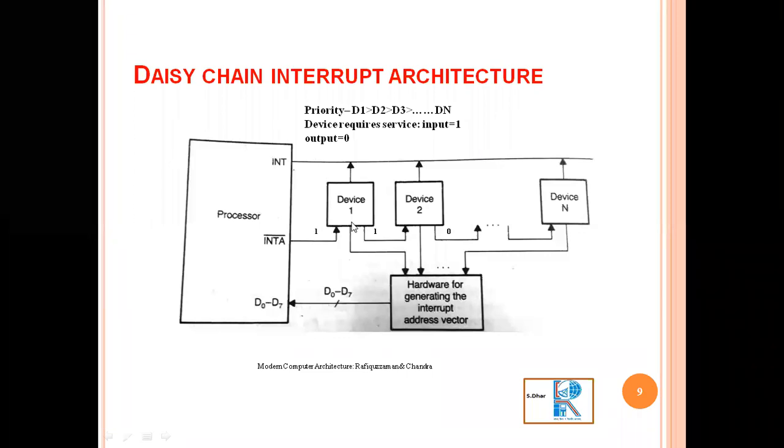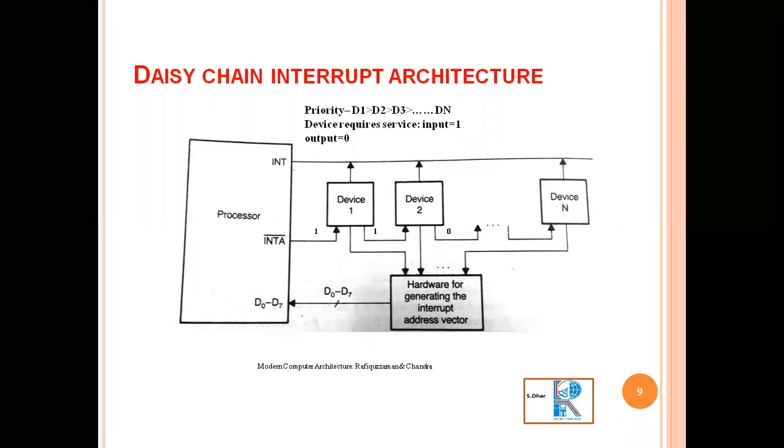Here device 1, D1, has the highest priority compared to all the devices. That means D1 should be the highest priority. The next priority is D2, the next priority is D3. It will go up to Dn. That means the device which is nearer to the processor will have the highest priority.